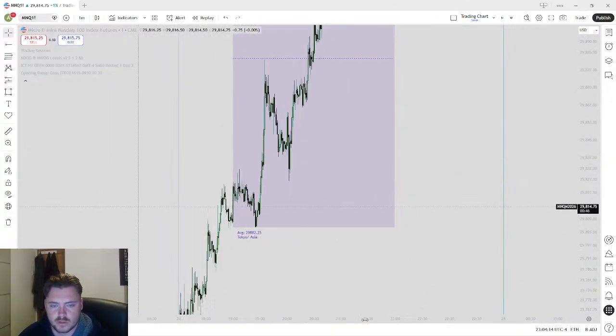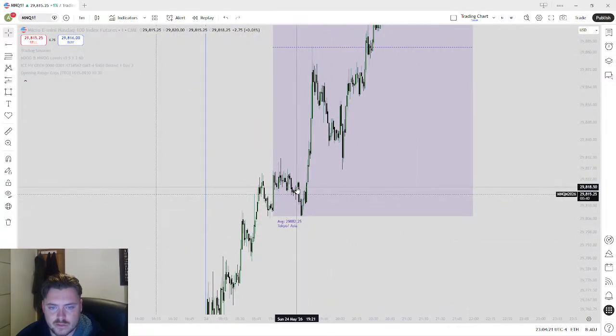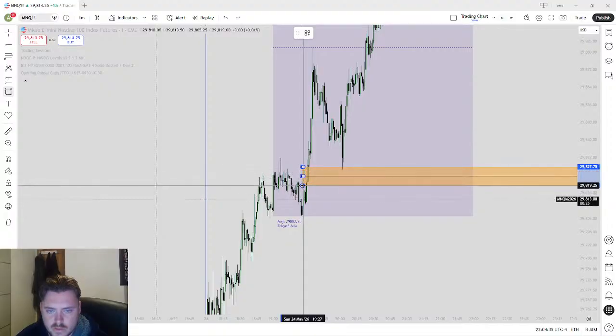When you're picking the first presented fair value gap, it's key you're picking a candle that closes through a high. So for me, this all counts as one gap from here all the way down into here.